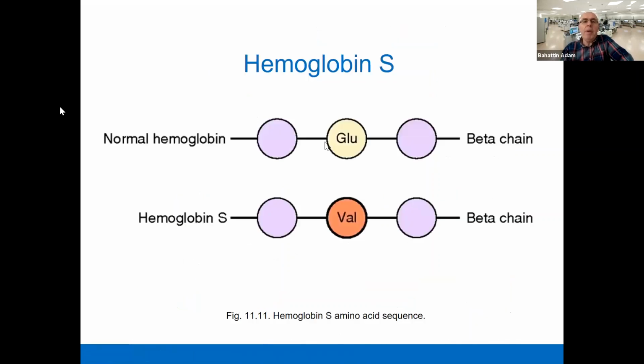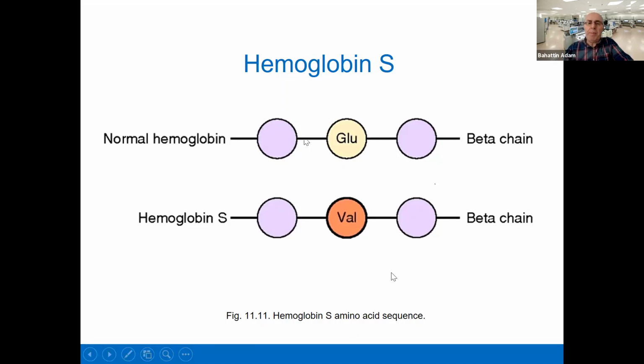Now, hemoglobin S is the most common of the hemoglobinopathies. What happens here, you may remember the point mutation in the polypeptide chain of the hemoglobin, only one amino acid is replaced.